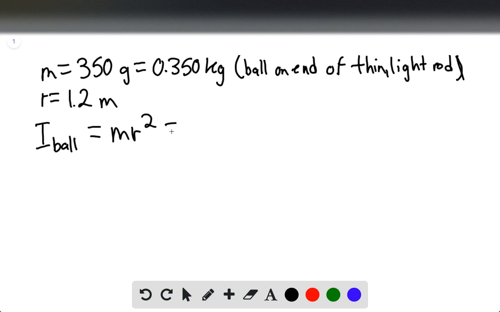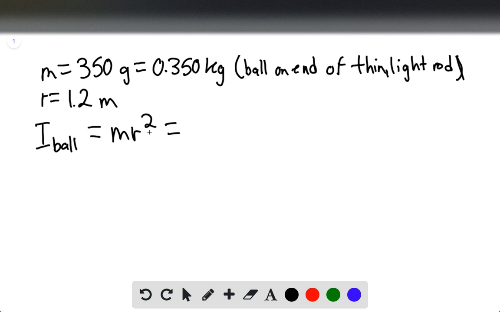That's it. It's not the moment of inertia of a sphere, because that would mean that the axis of rotation is through the ball.